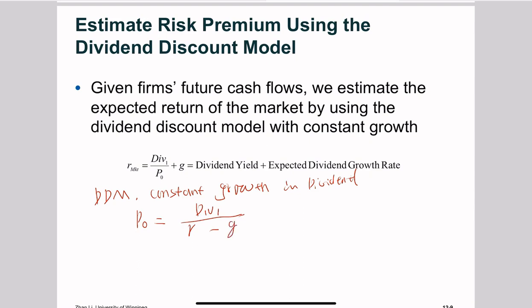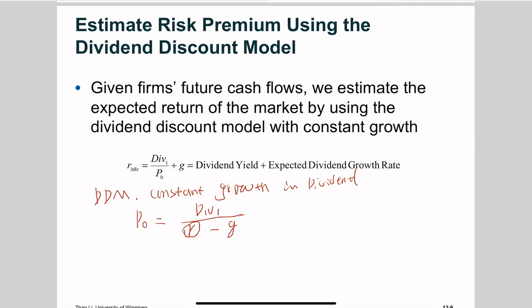This is the idea of using dividend to value stocks. Now we would actually want to do the opposite, right? So we would want to ask, given the stock price and given the dividend, how could we find out this cost of capital here, right?